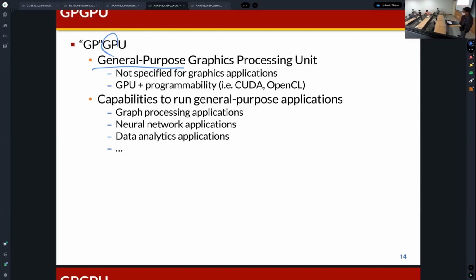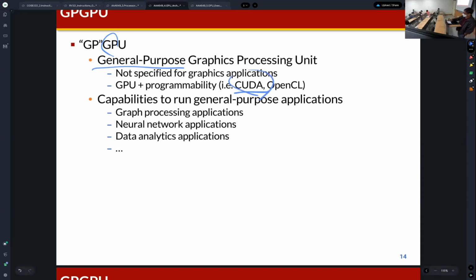It's true. But plus, the GPU also supports general programmability. And in order to support general programmability, NVIDIA or AMD supports a programming framework called CUDA.